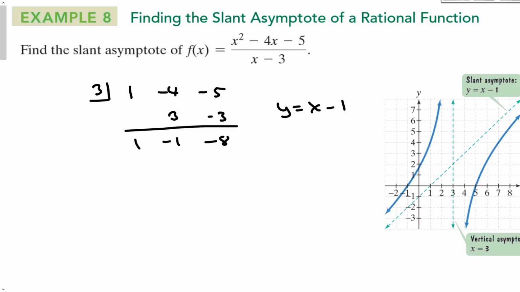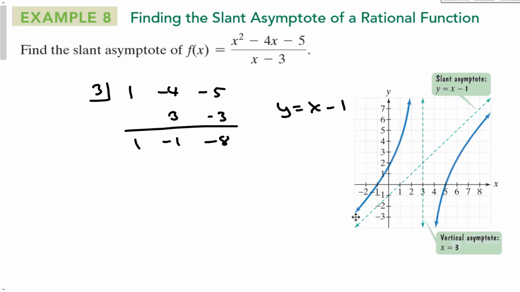And if I look at the graph, I can see what it looks like. I have my vertical asymptote at 3, and I have my slant asymptote at y equals x minus 1, which I should know how to draw. Y-intercept, slope. And then I could go about plotting the rest of these points.